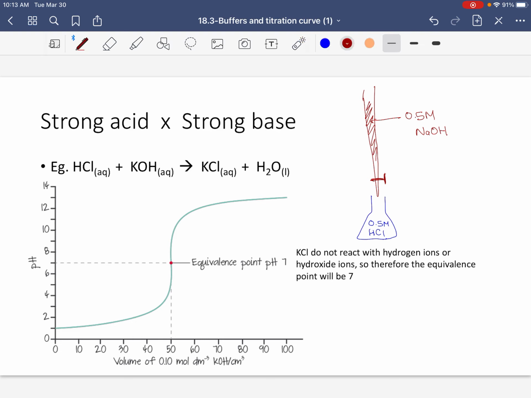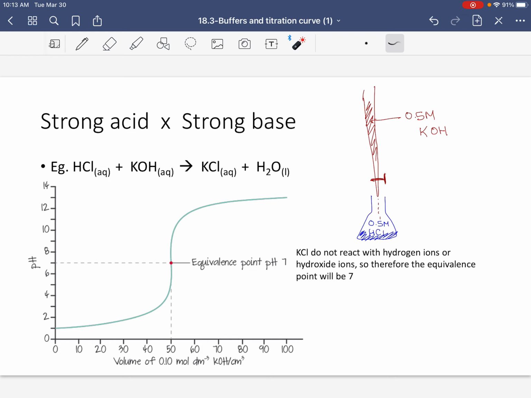So obviously you go drip by drip to react with the acid. And what you're doing is creating KCl and creating water. Every time you drop some of these, oh, did I write NaOH? Why did I do that? It's supposed to be KOH.